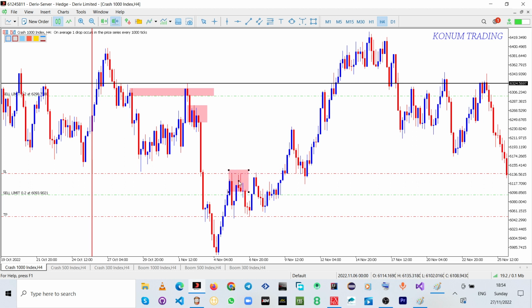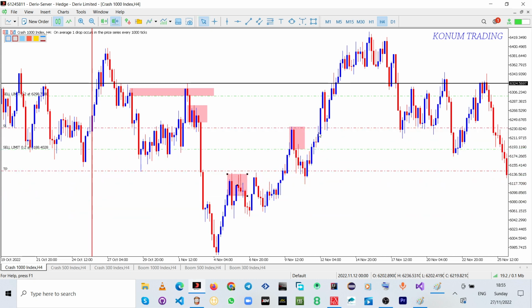the next zone. Okay, let me leave it right here and draw a new zone right here. As you can see, the bullish candle was engulfed by a bearish candle, and the trade was triggered. Your stop loss goes right above, and your take profit in the preceding zone.